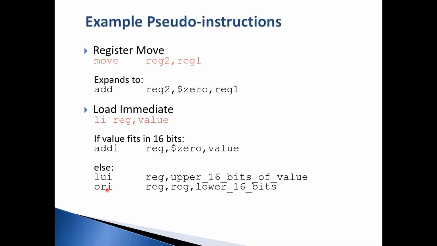Then use ORI to copy the lower portion and save it into the register. Now your register contains the original value, and you can use the add, not addi, sorry, you can use add because it's going to be R format.